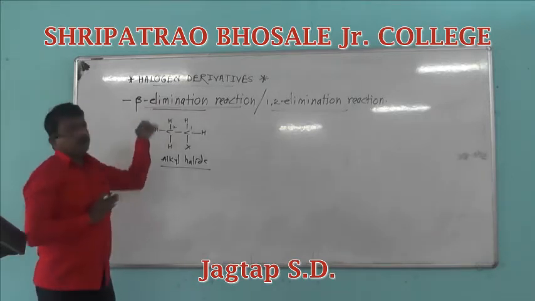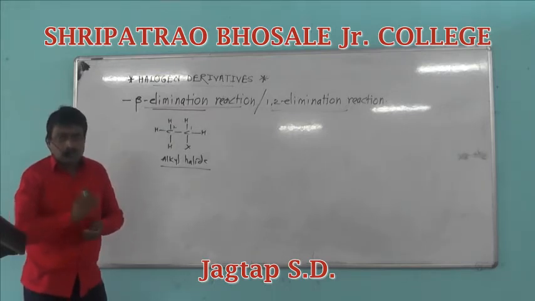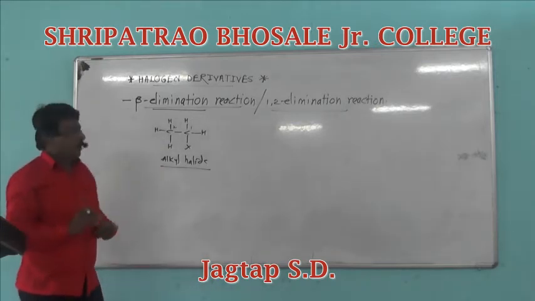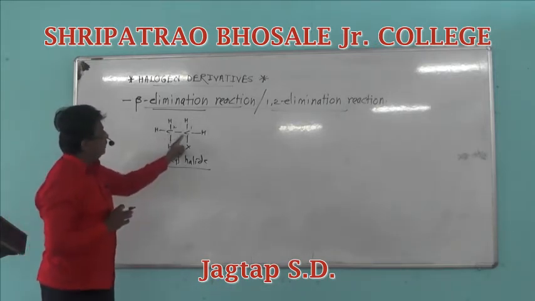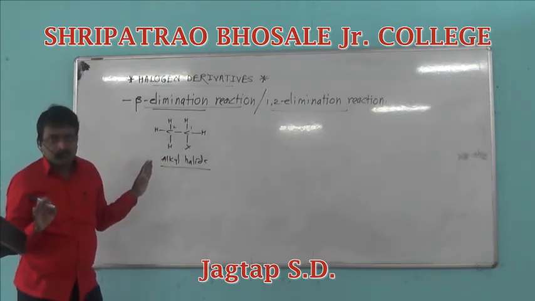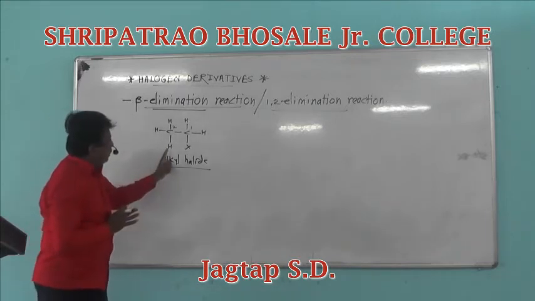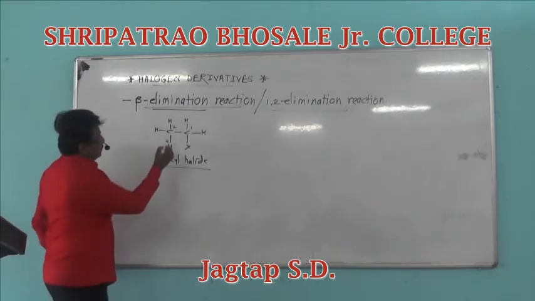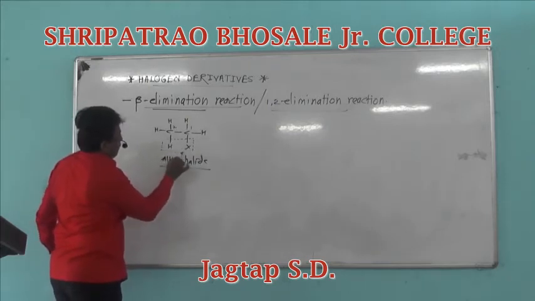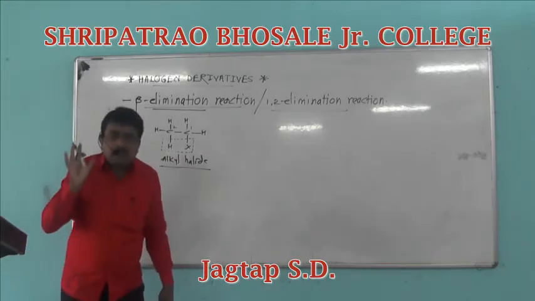In beta elimination reaction, two atoms or groups are removed from adjacent carbon atoms in a molecule to form an unsaturated compound. In an alkyl halide, the removal of hydrogen halide takes place from adjacent carbon atoms.